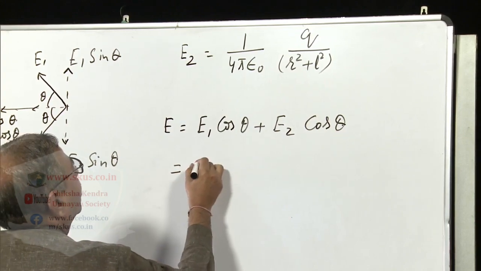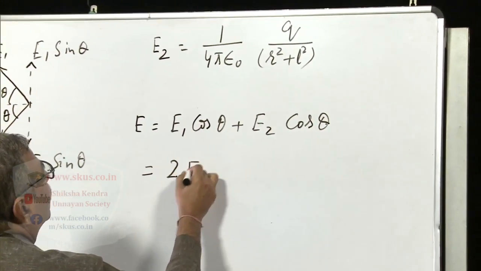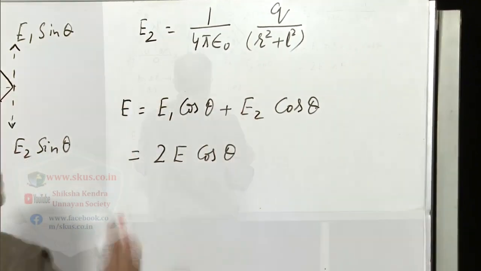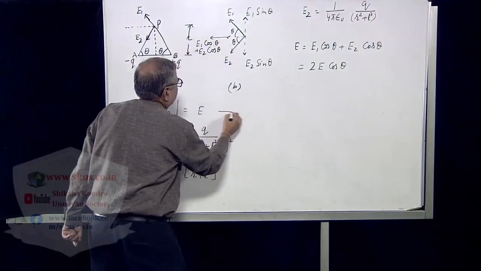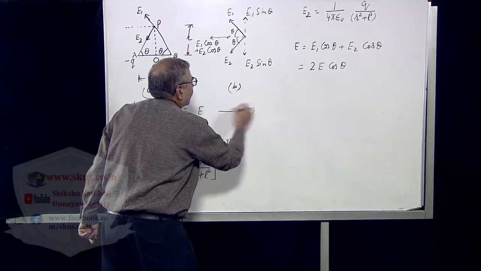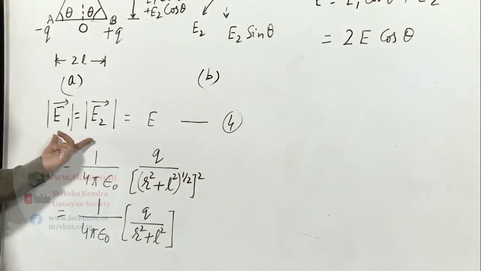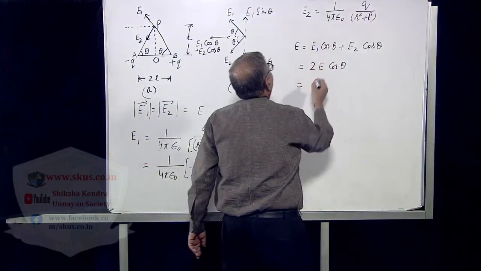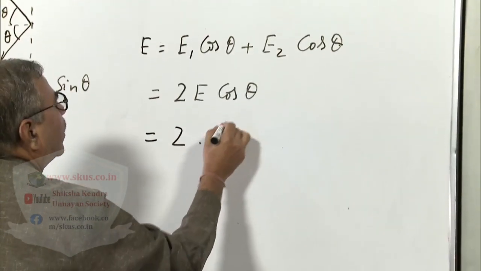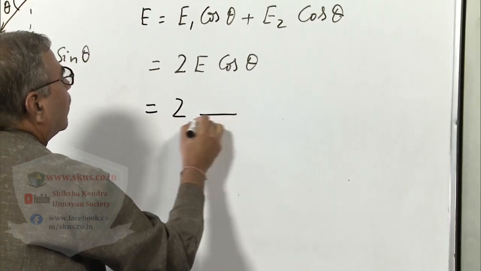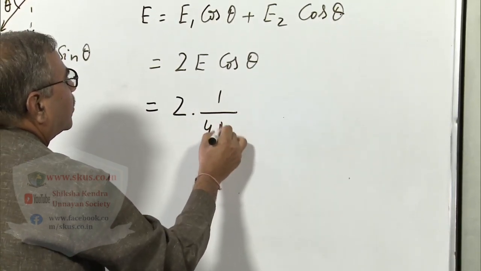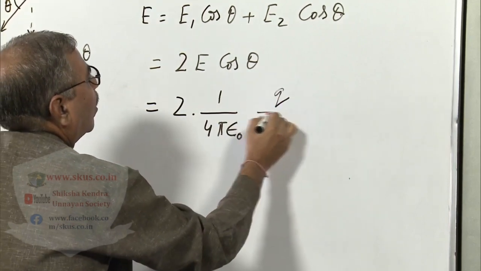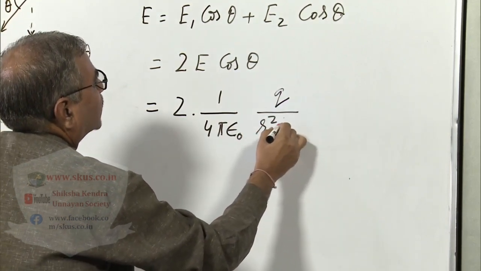It will be simply 2E cos theta, because E1 and E2 are both equal, which I have already written here in equation 4, because the magnitudes of E1 and E2 are the same, represented by E. Substituting the value of E from here, 2 into 1 upon 4 pi epsilon naught q upon r square plus L square.